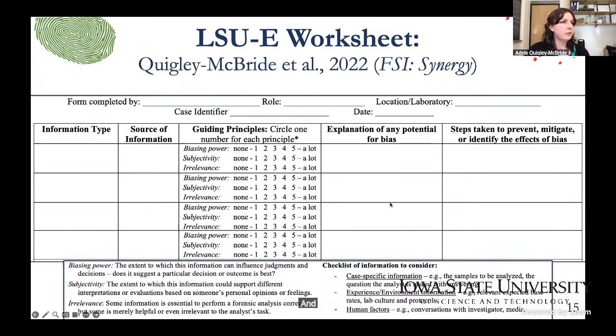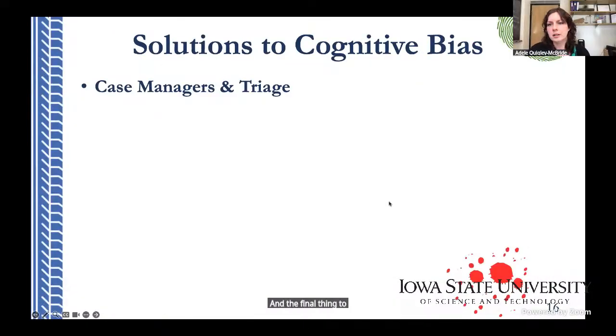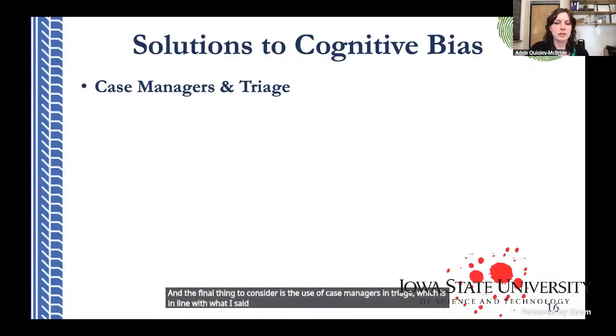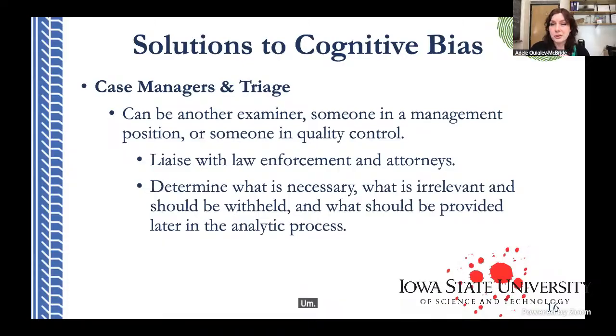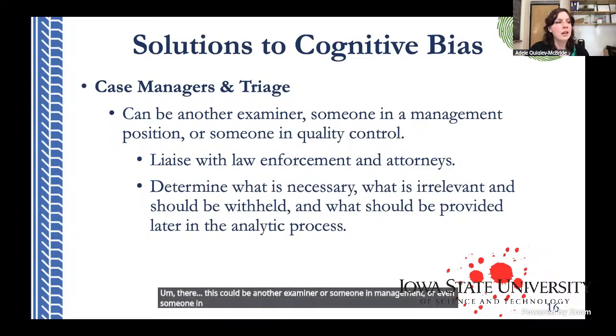And the final thing to consider is the use of case managers and triage, which is in line with what I said for linear sequential unmasking. This could be another examiner or someone in management or even someone in quality control.